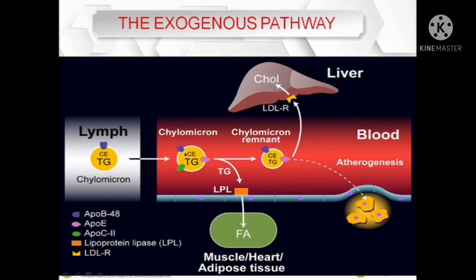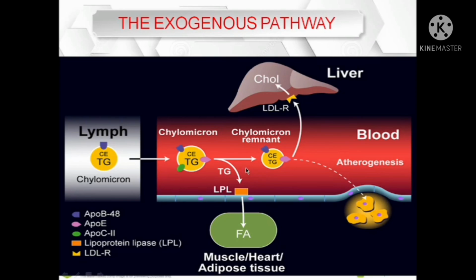So always remember that when we say chylomicron remnant, it is when all the ApoC2 on the chylomicron has been transferred back to HDL, and the remaining particle that is left is what is called a chylomicron remnant.